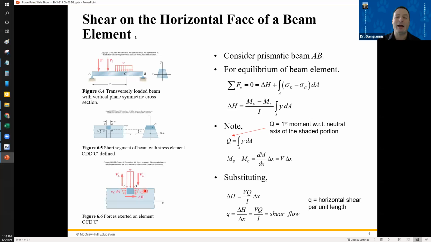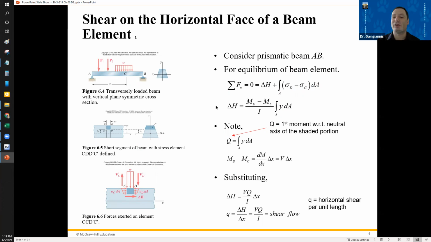Normal stress times area gives you a force, the total force acting on this face on the D side, and the total force acting on this face on the C side is denoted by sigma C. You're just taking the difference of them. Sigma D is acting in one direction, sigma C in the other, and you take the integral with respect to area.